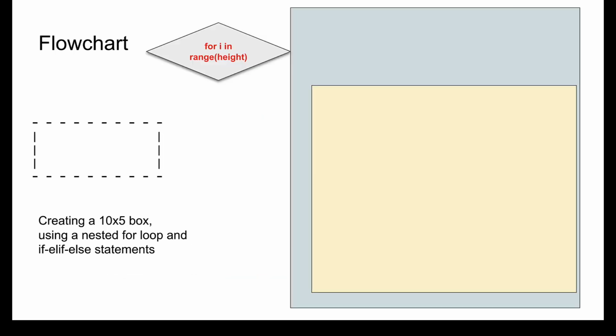Let's take a look at the flowchart and understand how this is going to work. So we're going to have an outside loop and an inside loop. For i in range of height, that is going to be keeping track of the rows.